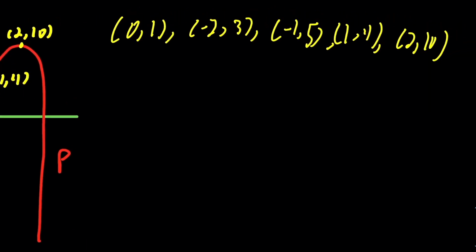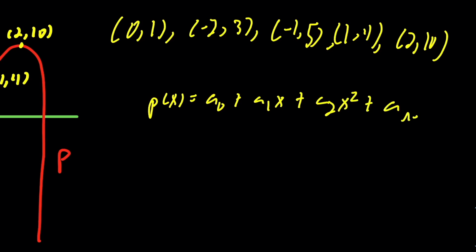So remember, p of x is equal to a naught plus a1x plus a2 x squared plus a of n minus 1 times x to the n minus 1. We're given 5 points, and when n is equal to 5, the function should be a fourth degree polynomial function.